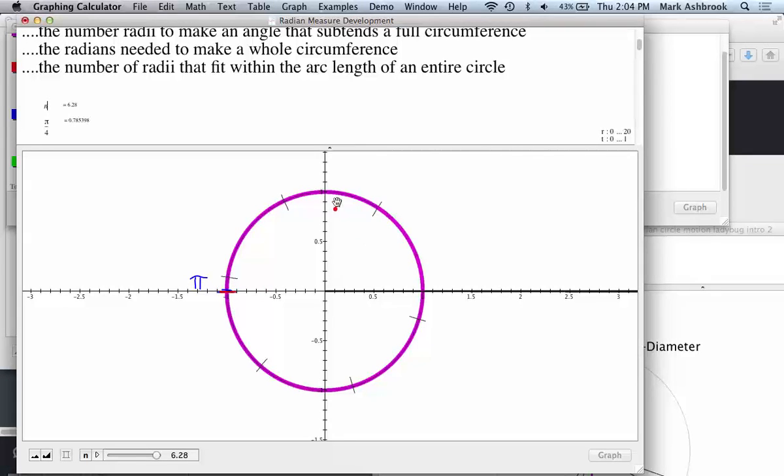What's a quarter of the way, or 1/4 of the circle? Half of that, right? Half of a half circle. And what about 1/8 of a circle? 1/8 of a circle would be kind of halfway up the first quadrant. Pi over 4, half of that.